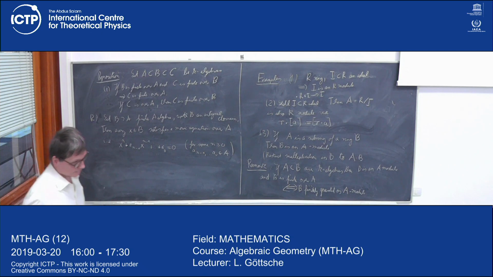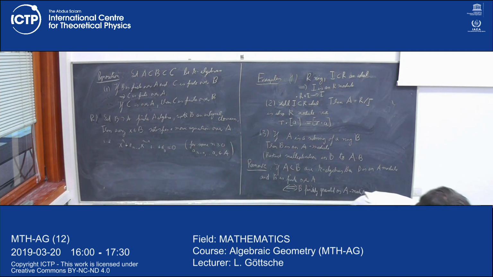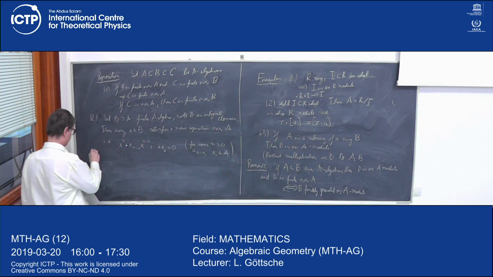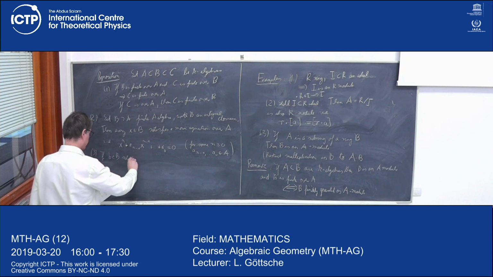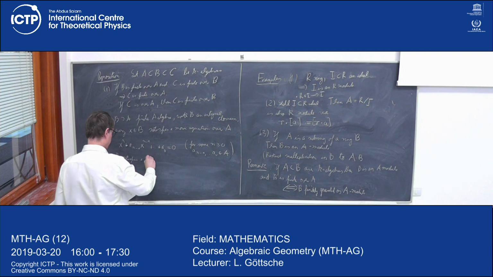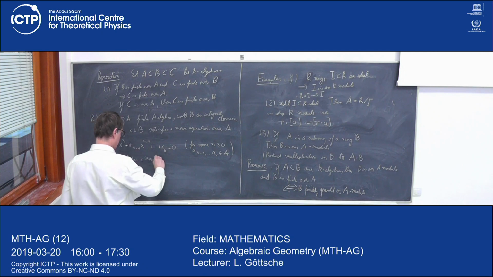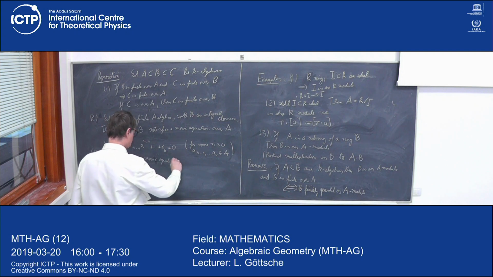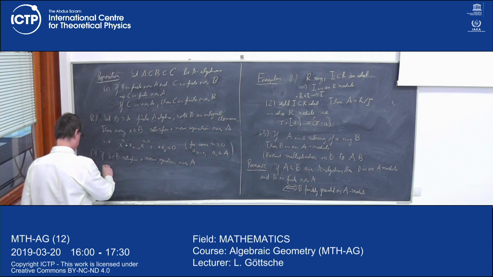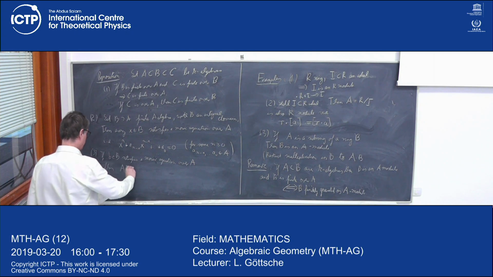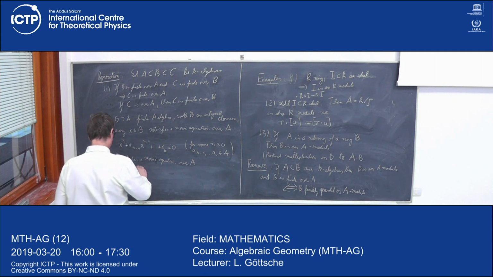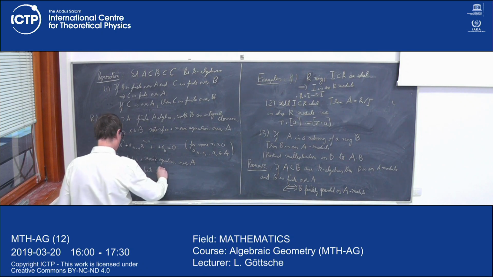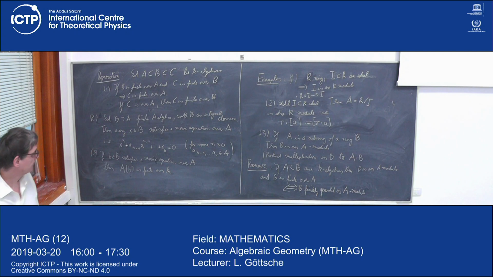And there is some converse to it. Conversely, if b in B satisfies the monic equation over A, then if I take A[b], so I take the A algebra generated by b, it's finite over A. Okay.